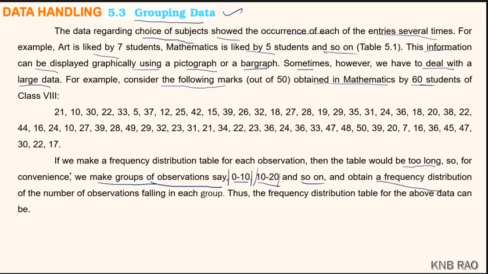So, a frequency distribution of the number of observations falling in each group, the frequency distribution table for the above data can be now done for it. So, this is grouping of the data.